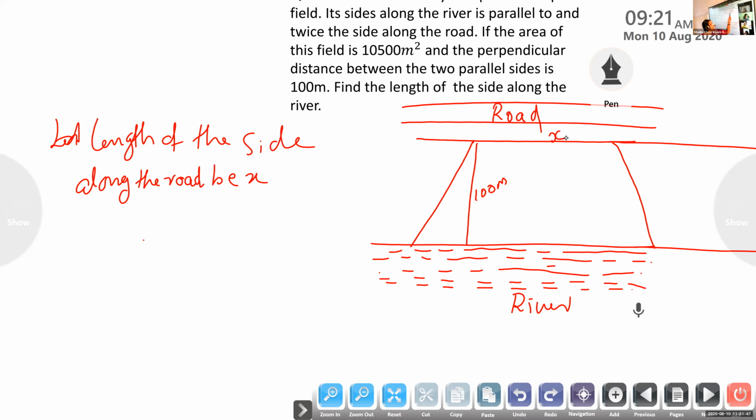It will be twice that of the side along the road, so it will be 2x. Therefore, the side along the river is equal to 2x. Side along the road is x, then side along the river is 2x.